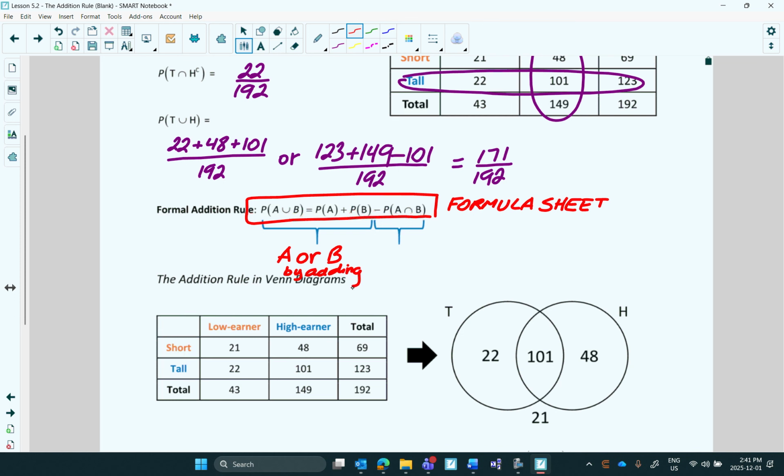But then we are taking away the probability that they both happen together, because that was double counted. So like here, I'm adding the probability of T and then H, and then subtracting the probability of T and H. So that's how we get this formula.